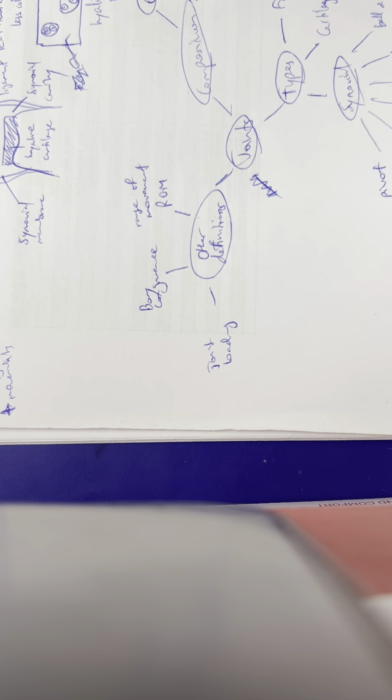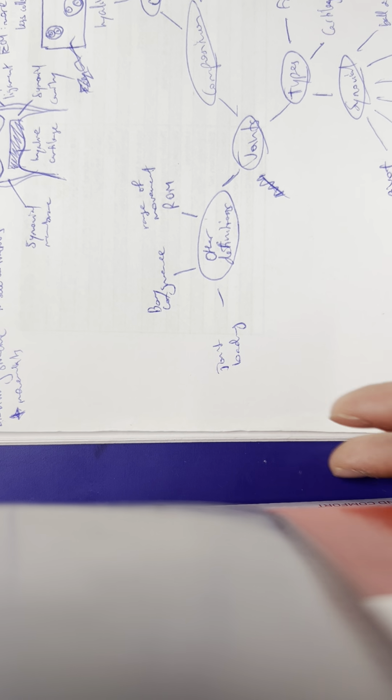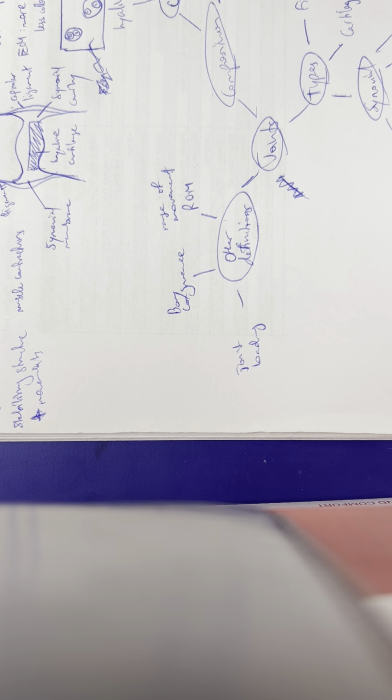Let's first define these. Joint loading is when you're moving. Because your cartilage is avascular, the tissue doesn't have any blood supply, so it's really hard for nutrients to get into every single cell, because it's quite big and diffusion is not enough.